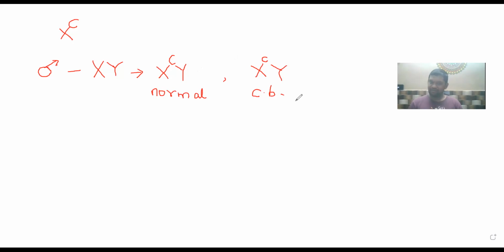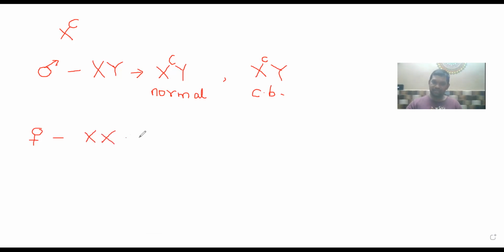Males have these two possibilities for red-green color blindness. What about females? Females have XX as the sex chromosome.